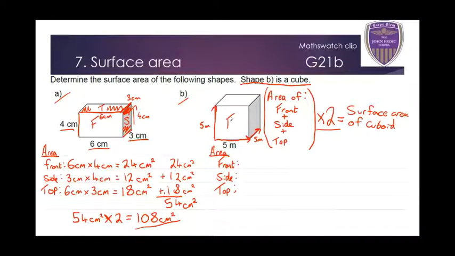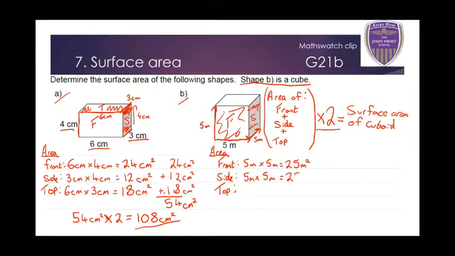So for the front, that's the area of this front panel here. Well, that's going to be 5 meters times 5 meters. And that will give me an answer of 25 meters squared. For the side, that's also going to be 5 meters times 5 meters, sorry. Let's do that again.